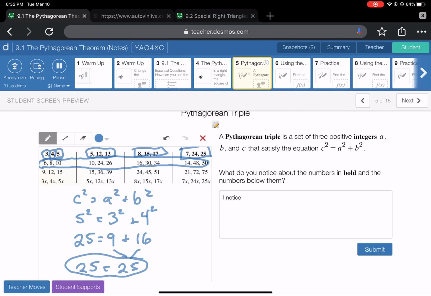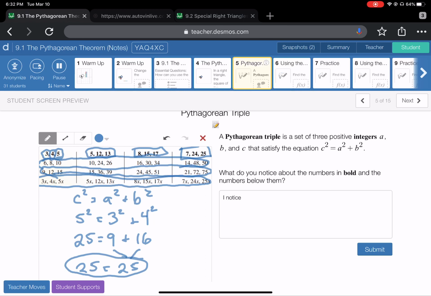If you notice, this line that I just circled here is basically the first row, the bolded ones, multiplied by 2. The third row here is everything up at the top multiplied by 3. And then the bottom row is everything multiplied by x. So any multiples of any Pythagorean triple that you know of or find will always be true for the Pythagorean theorem.